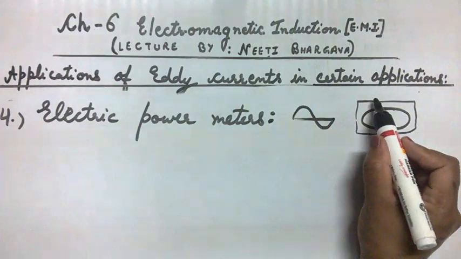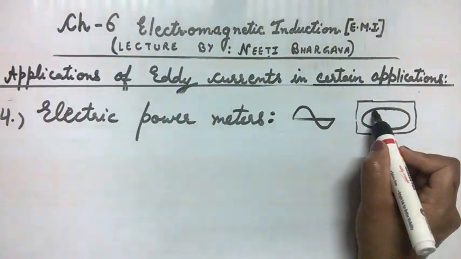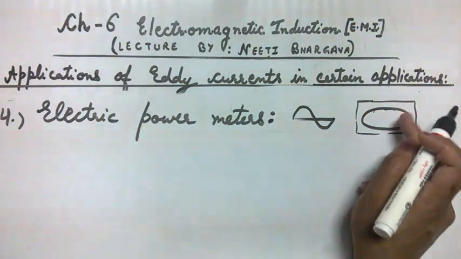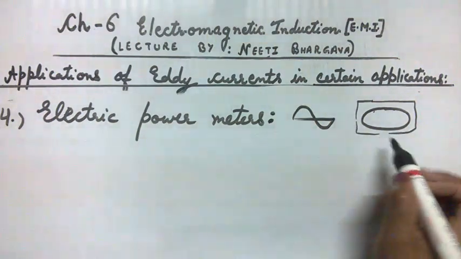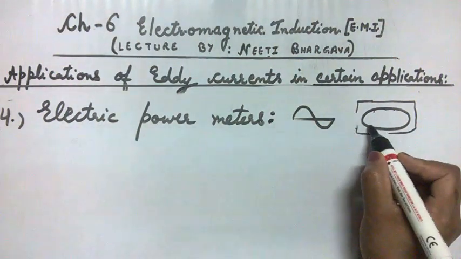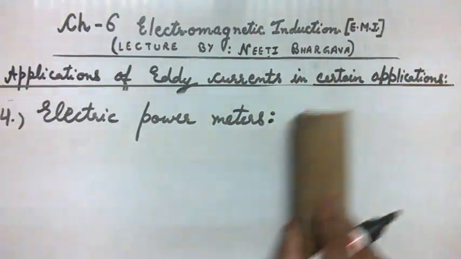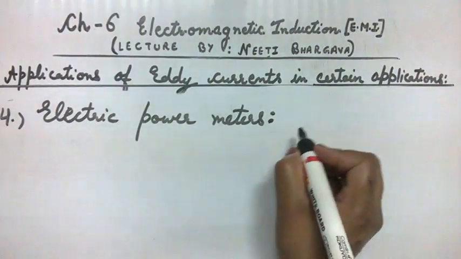Because of the time varying magnetic field, there is an induced eddy current in the disc. Because of the eddy current, it starts rotating, and we count its rotation. This shows the electricity consumed by us. Thus, eddy currents are produced in a silver disc.